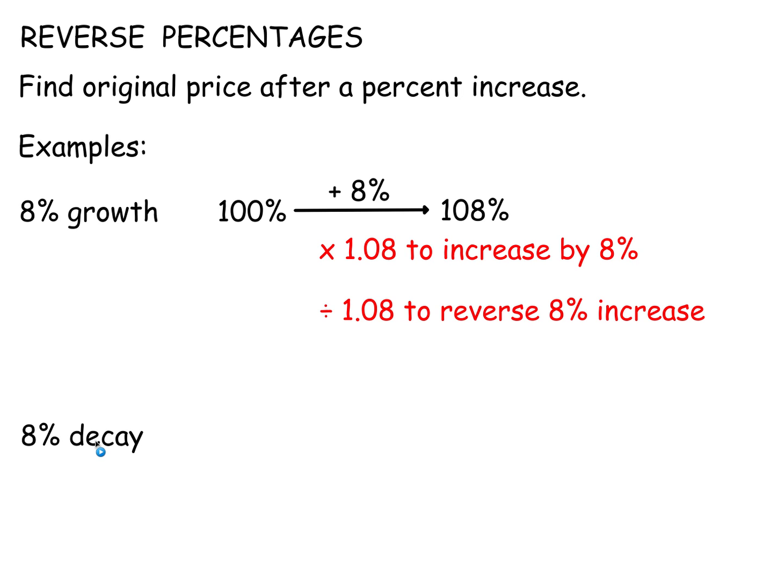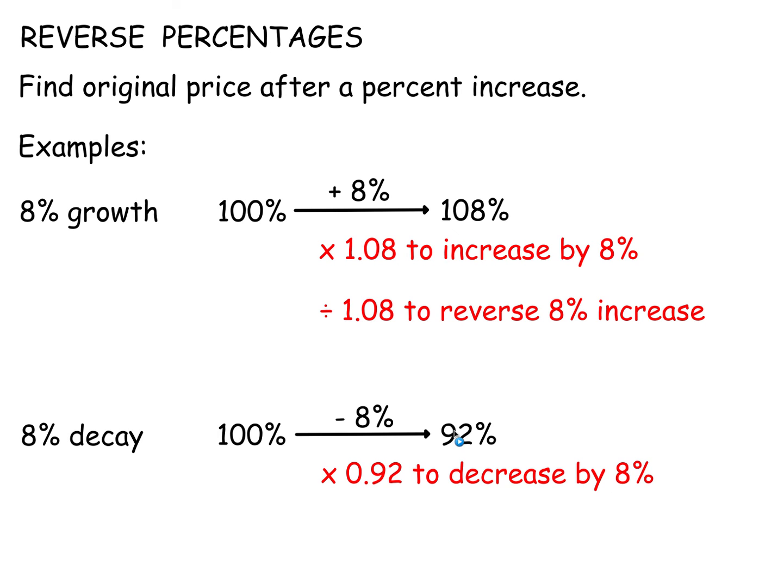So here's an 8% decrease. So 8% decrease took you to 92%. That was multiplied by the factor 0.92. Suppose you wanted to reverse that decrease of 8%. You want to go back to the original. You divide by 0.92. So that's reversing the 8% decrease.